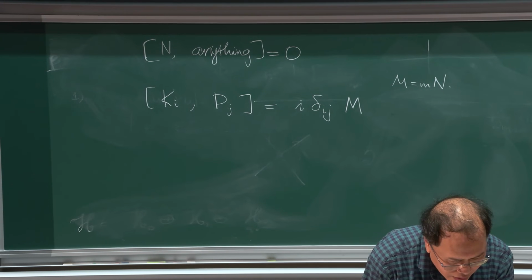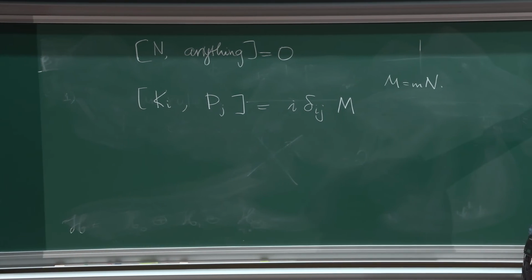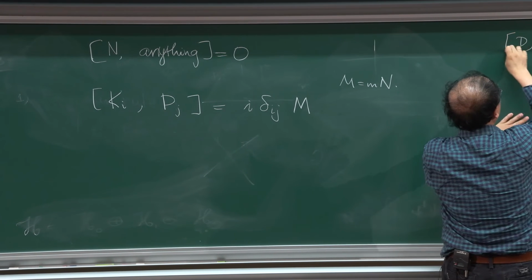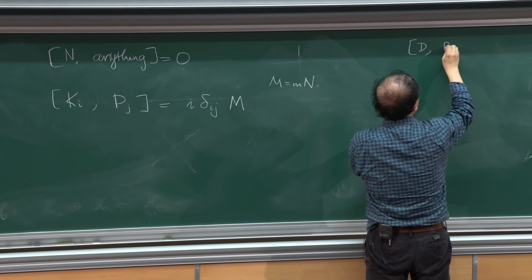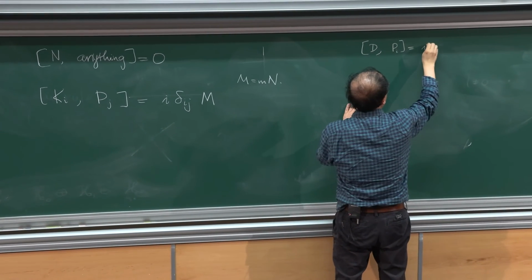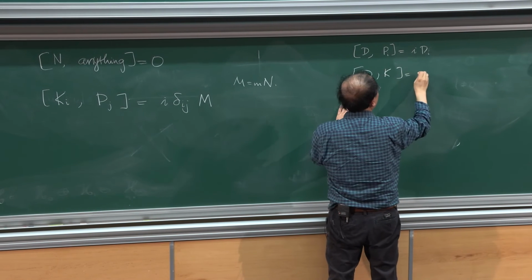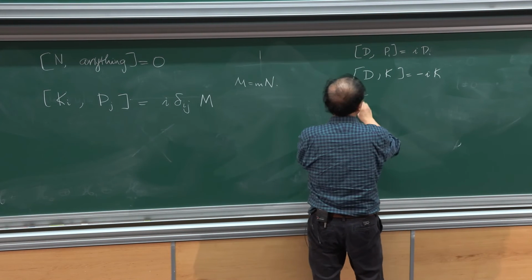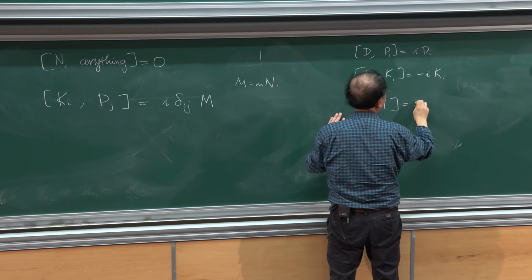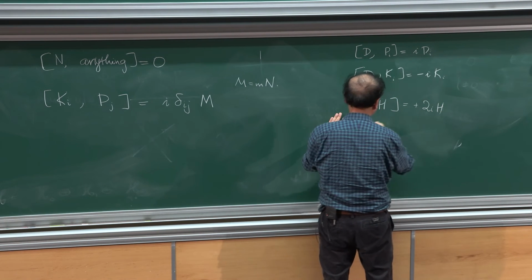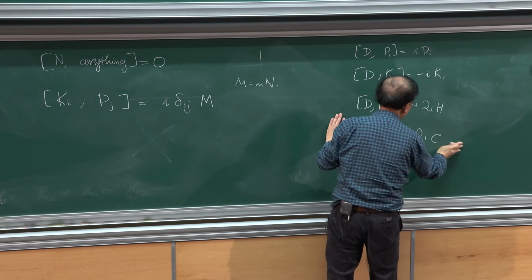And what are the other interesting things? P is equal to i of P dK minus i of K dH, equal plus 2iH dC minus 2iC.